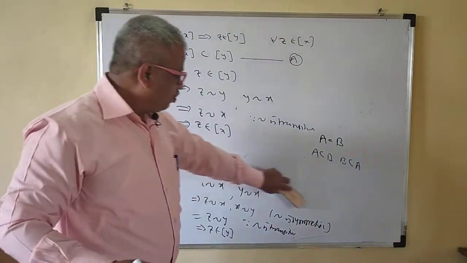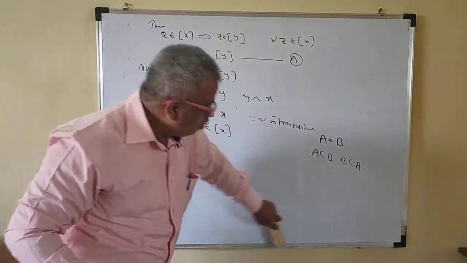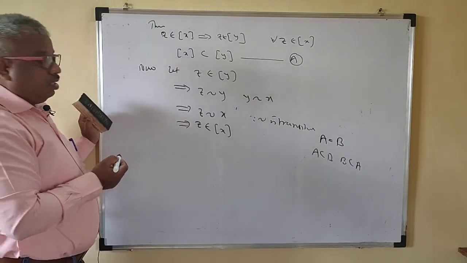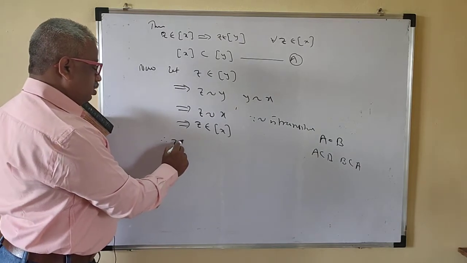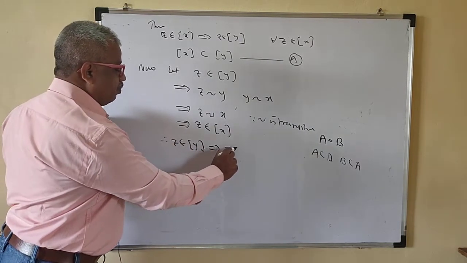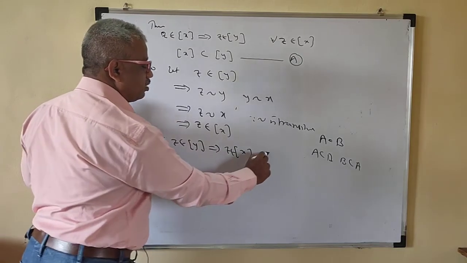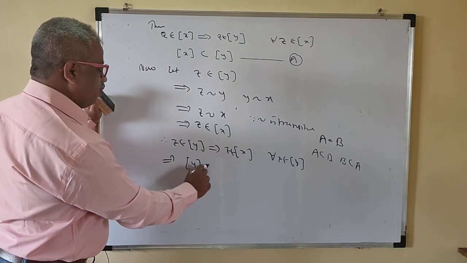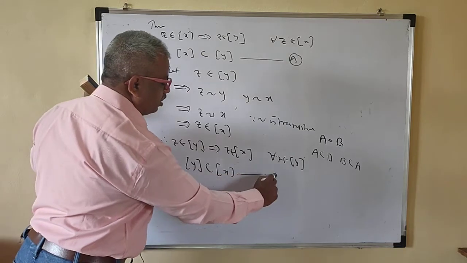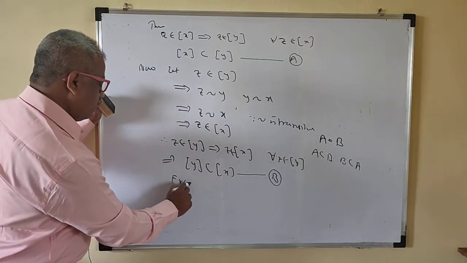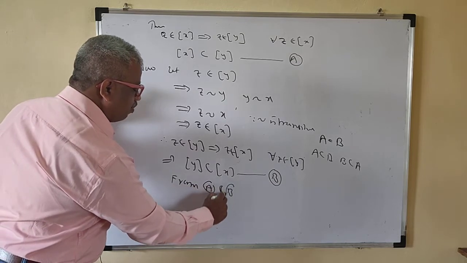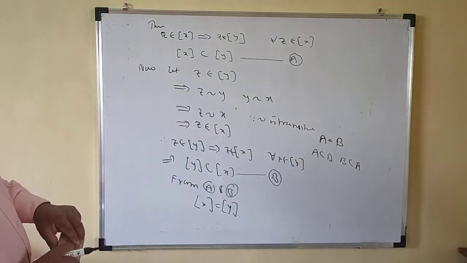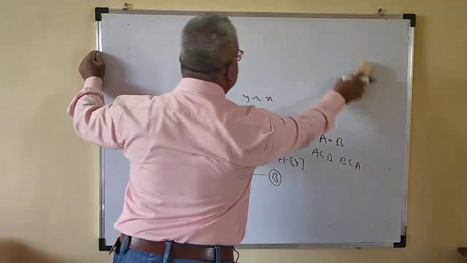Now Z we have taken from the equivalence class of Y, and we have proved that Z is an element of the equivalence class of X. Therefore Z belongs to the equivalence class of Y implies that Z belongs to the equivalence class of X, for all Z belonging to the equivalence class of Y. So this implies that the equivalence class of Y is a subset of the equivalence class of X. We will write this as B. So from A and B, the equivalence class of X is the same as the equivalence class of Y. Very simple. Now we will take another theorem.